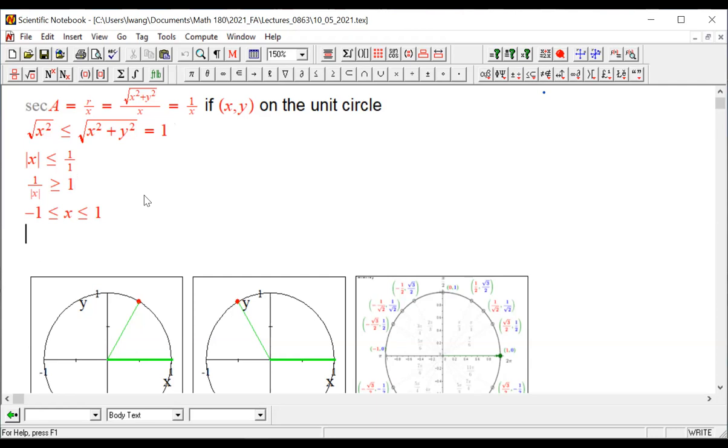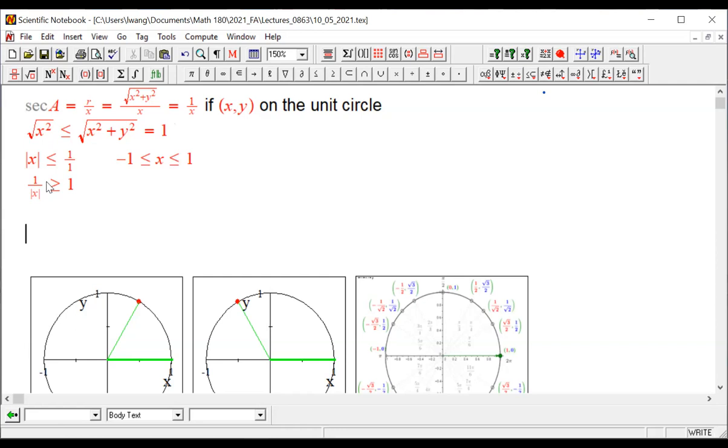Do you see that? This piece I just put next to it; we're not going to use it for now. That's obvious from the unit circle.